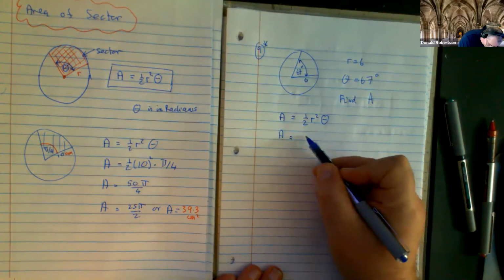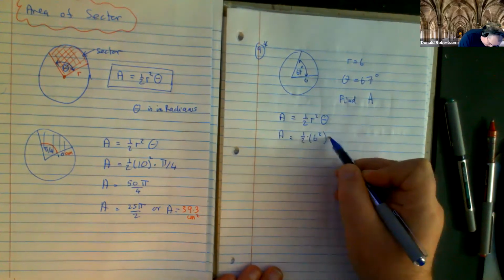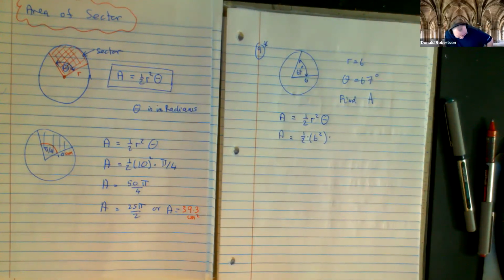Okay, so it's going to be 1/2 times 6 squared. Uh-oh, I almost did it because someone criticized my circle. I was about to write 67 then, wasn't I? But that's not the angle, is it? At least not in the form we need it.